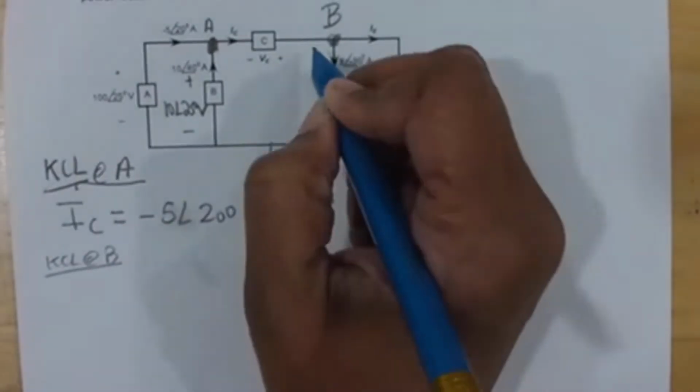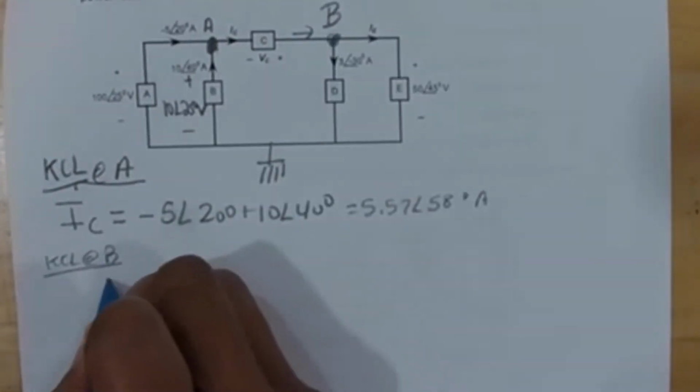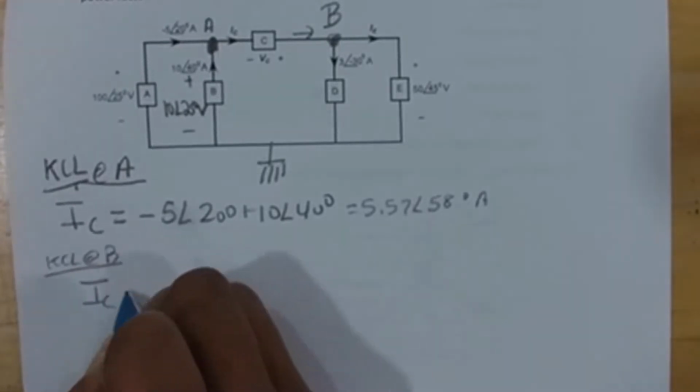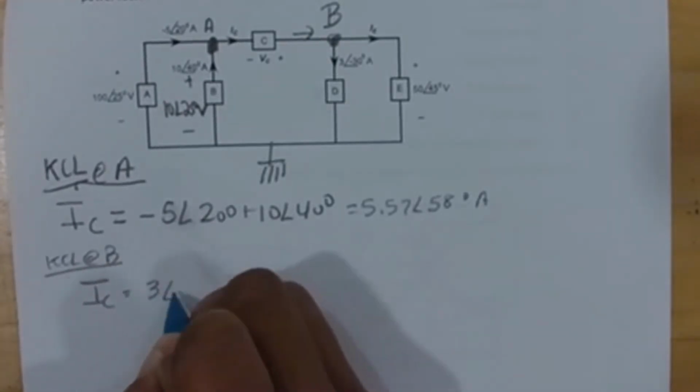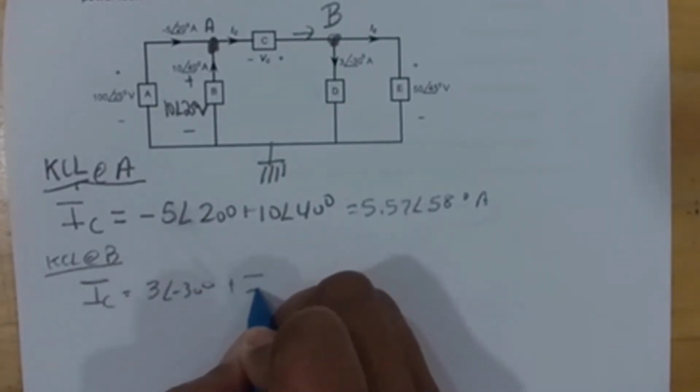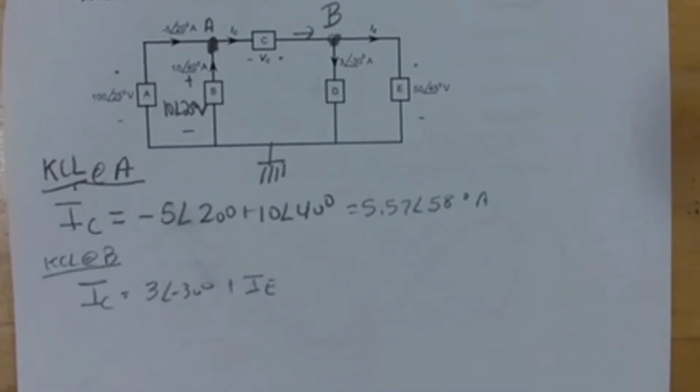KCL at node B, current in is IC. IC needs to equal 3 with an angle of -30 degrees plus IE. Current in is IC. Current out is 3 angle -30 degrees and IE.